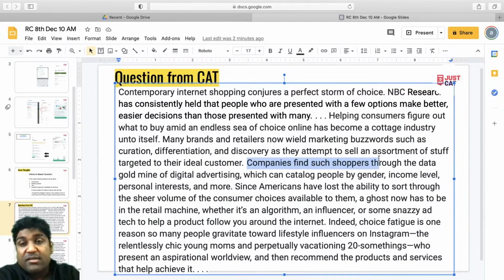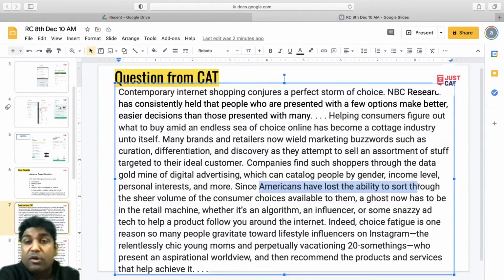The companies find such shoppers through the data goldmine of digital advertising, which can catalog people by gender, income level, personal interest, and more. They are saying that companies can find such people through data mining, and by gender, income level, personal interest.